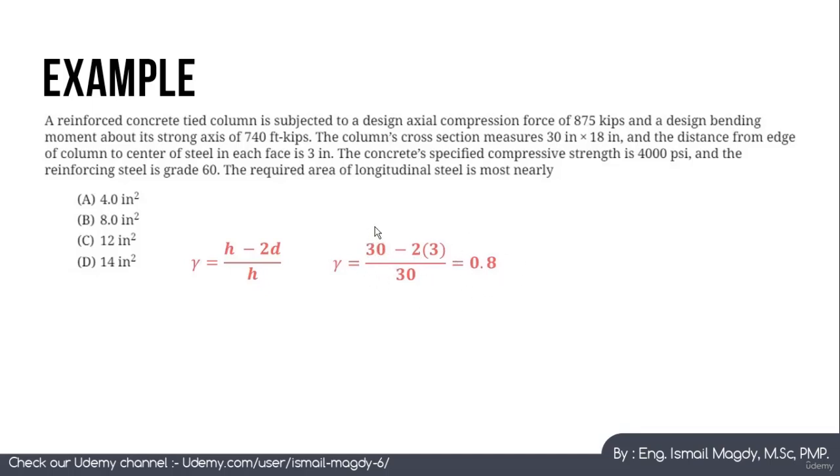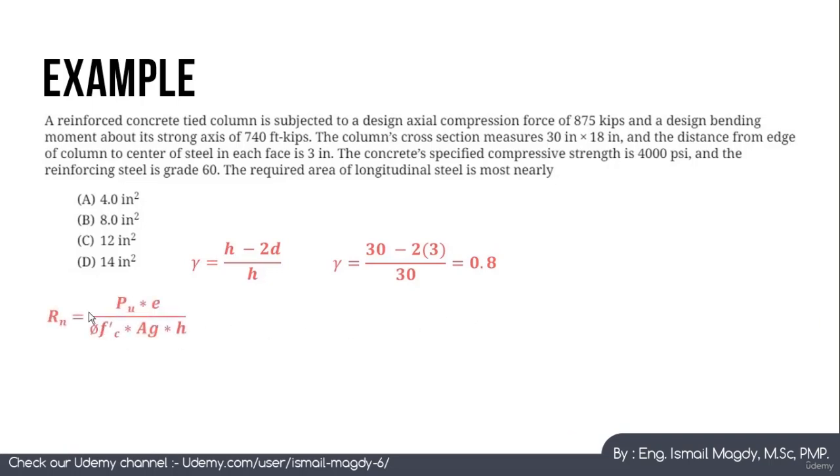We choose the 30, not the 18, because it said that the moment is about its strong axis. So this means we will refer to the graph where gamma equals 0.8.